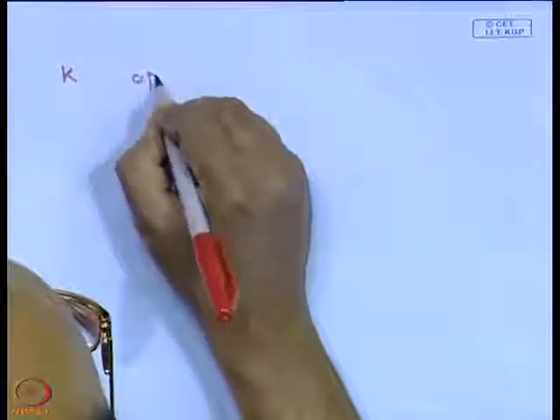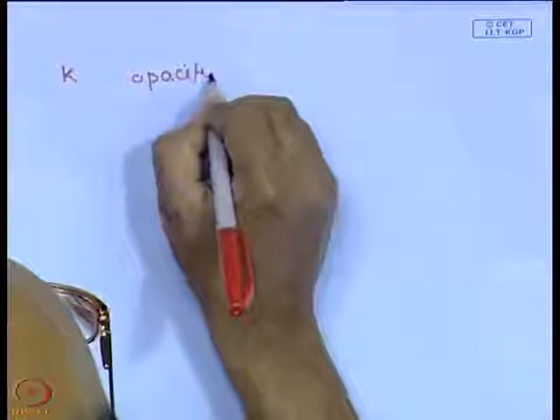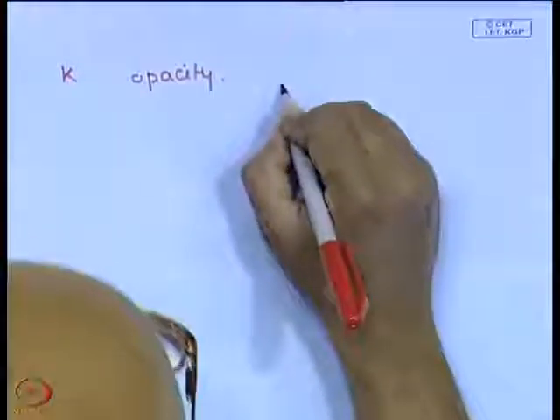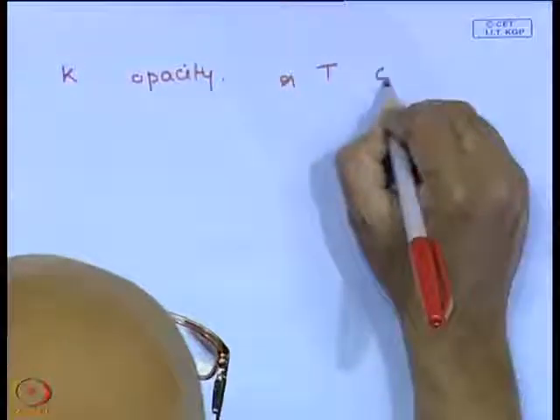Okay. And so you need to be told this opacity kappa, and this again will be a function of r, T and the composition.